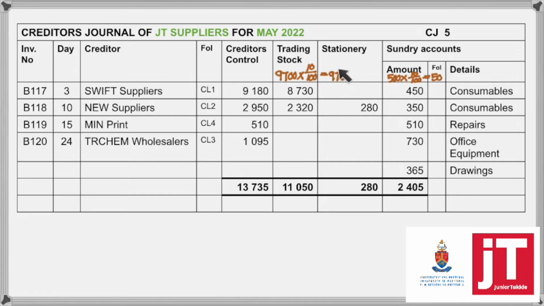So you have to minus that trade discount off the 9,700, and then you get 8,730 Rand. We do the same for the 500. Calculate 10%, which is 50 Rand, minus it off gives you 450. And then that 450 plus the 8,730 Rand gives us a total of 9,180 Rand.